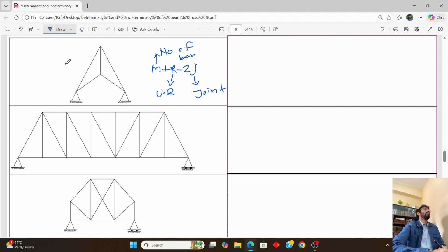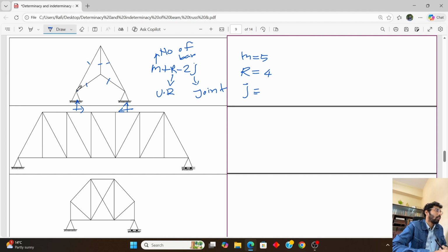If we look at this truss, we need to calculate the value of M, the number of bars: 1, 2, 3, 4, 5. The value of M will be 5. Unknown reaction R will be 1, 2, 1, 2, that is 4. And the number of joints will be 1, 2, 3, 4, that is 4.